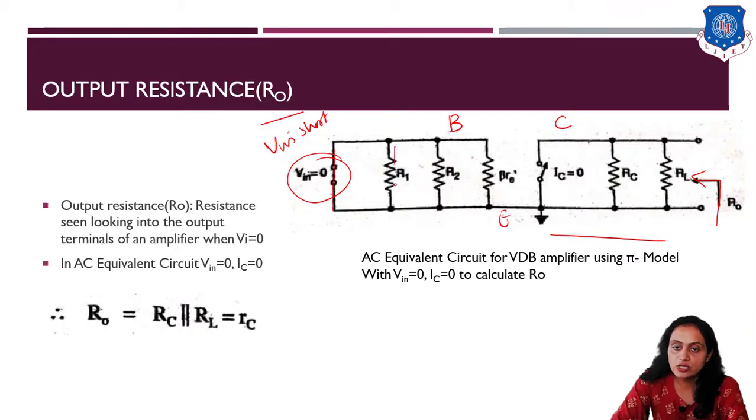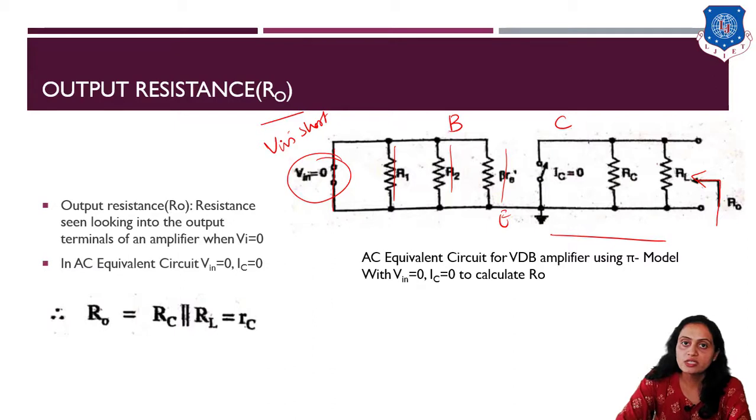So as this is short circuit, this R1, R2 and beta Re dash all get short circuited, and Ro is the parallel combination of RC and RL, because the current source is open circuited. Voltage source is short circuited and current source is open circuit. That's why Ro is RC in parallel with RL.